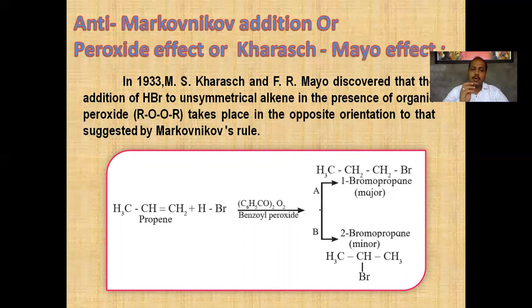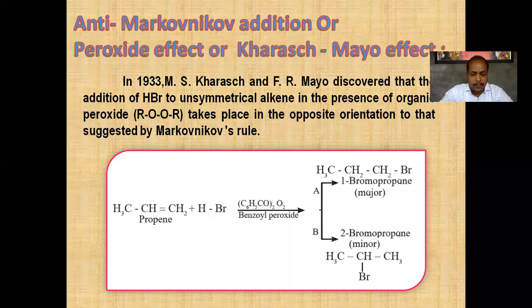So you should take care that when addition of HBr takes place to an unsymmetrical alkene in the presence of peroxide, the addition takes place exactly opposite to that of Markovnikov's rule.